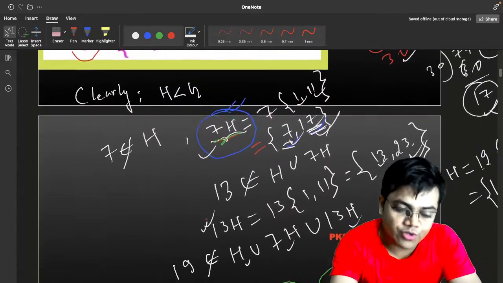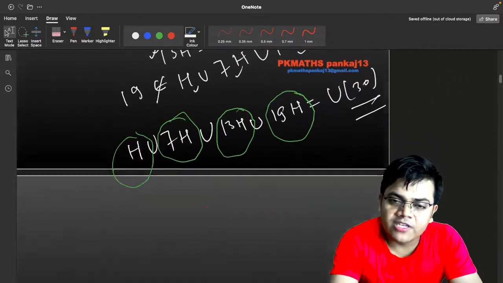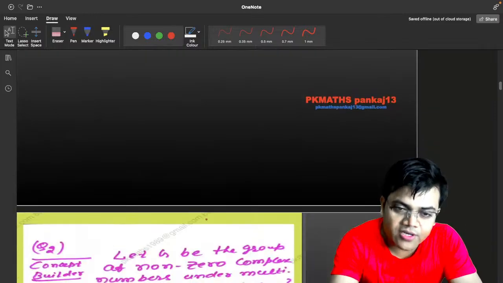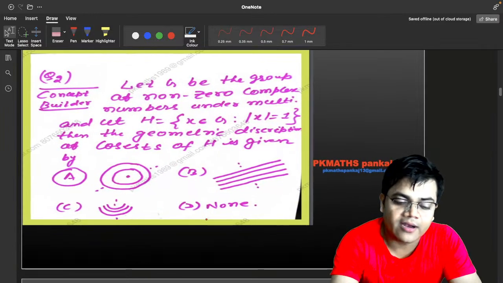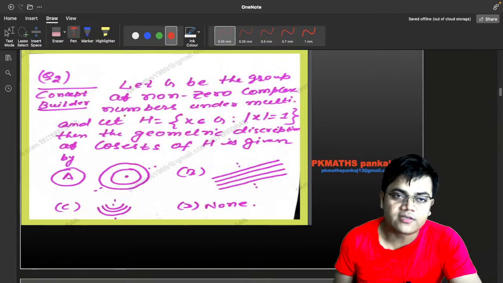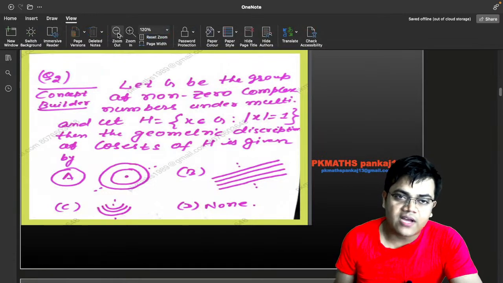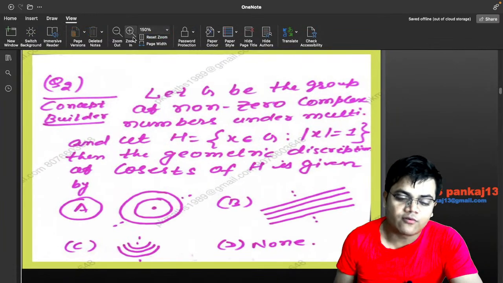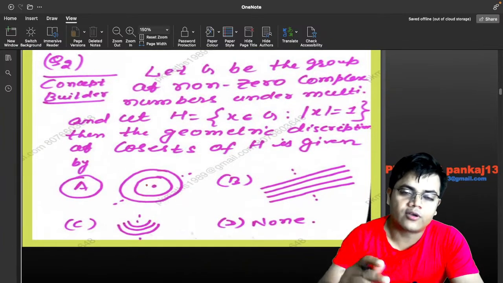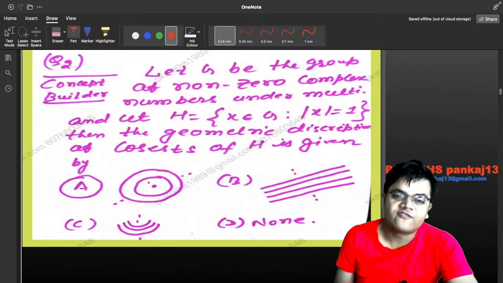And now the next question, which is completely based on the geometrical description, is over here, and you should try your level best, because we just want to visualize the concept of quotients by using some geometry. Very basic question.